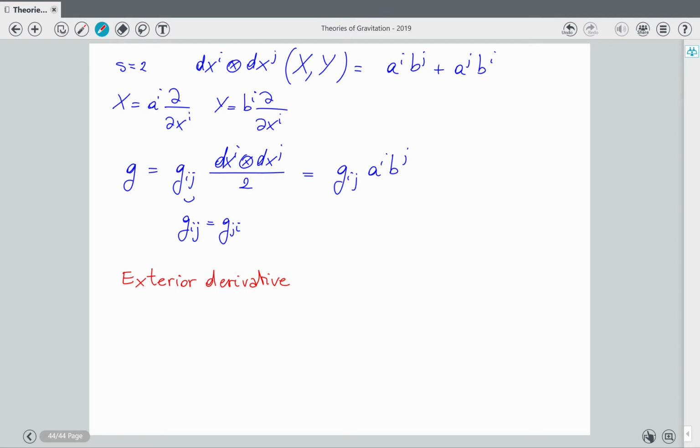Exterior derivative is a map that acts on the space of differential forms of degree M, and returns a differential form of degree M plus 1. It raises the degree of the differential form by 1 unit.